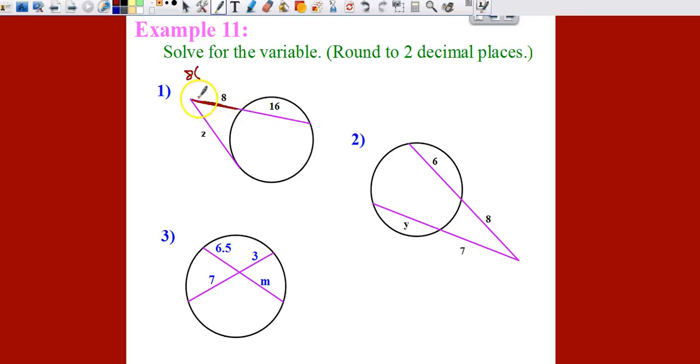The whole is going to be 8 plus 16, these two added together. 8 plus 16 is 24. So I'm going to write 8 plus 16, but you can write 24 there if you want to. And then here it's just z squared, z times z.